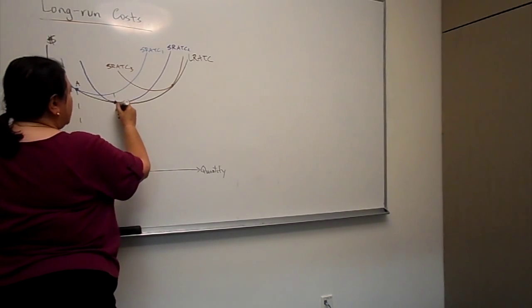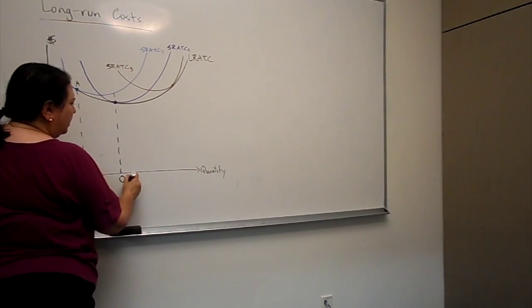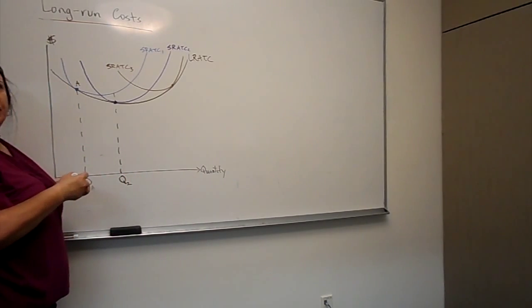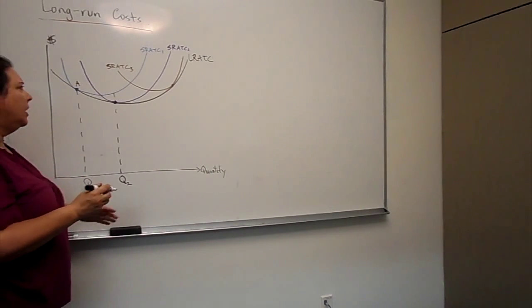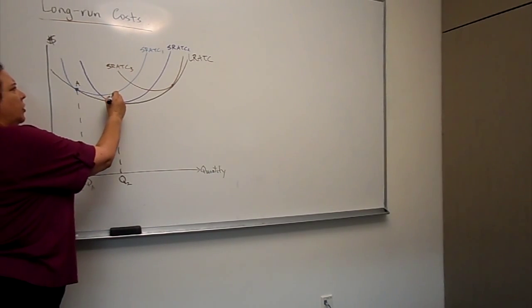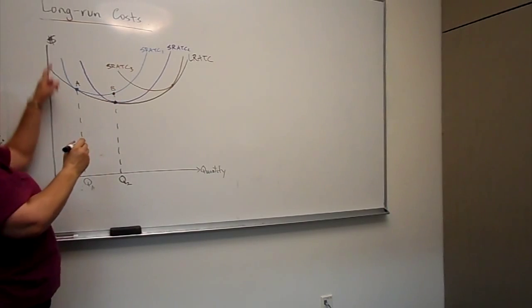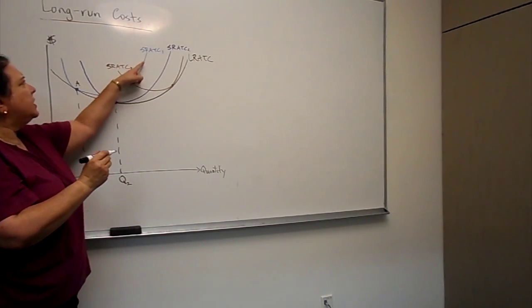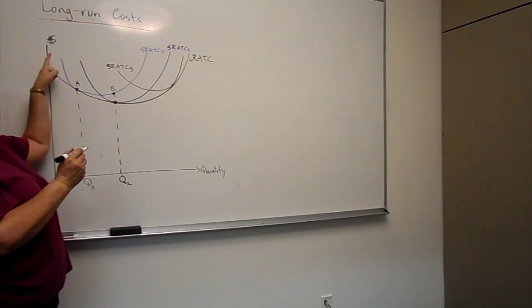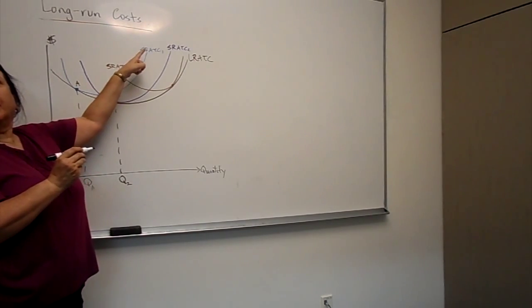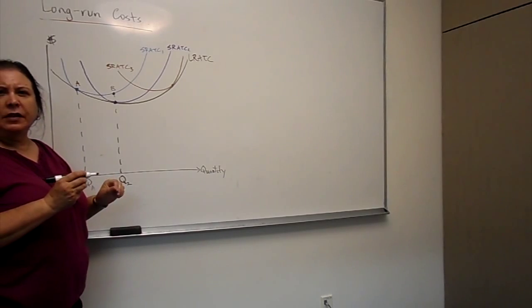Suppose your output goes up to Q2. In the short run, you have to produce keeping the amount of capital constant. So you'd produce at a point like B, which is along the same short run average total cost as A, because your amount of capital is held constant.